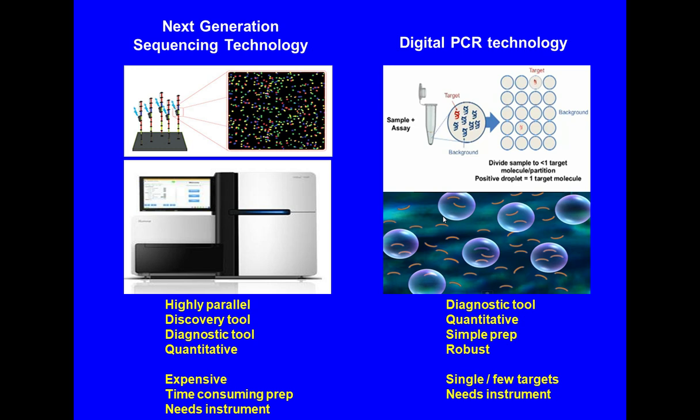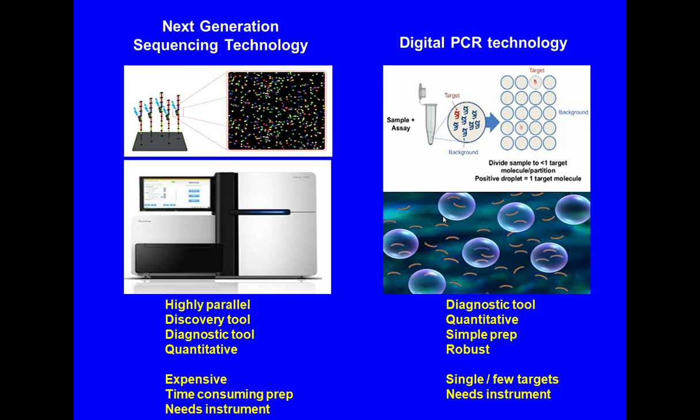It can also be a diagnostic tool when it is used with focused panels, and it's also quantitative, which in some applications is an important factor. On the other hand, it still remains expensive, even if the price is reduced as we expect.